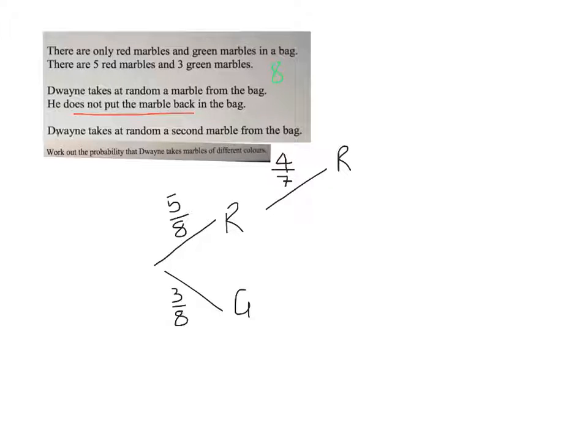But he has a red one, so there's still 3 green marbles. Or if he has picked a green one, then 5/7 will be red. Again, for the same reasoning, because there's already 1 gone, and then 2/7 will be green.